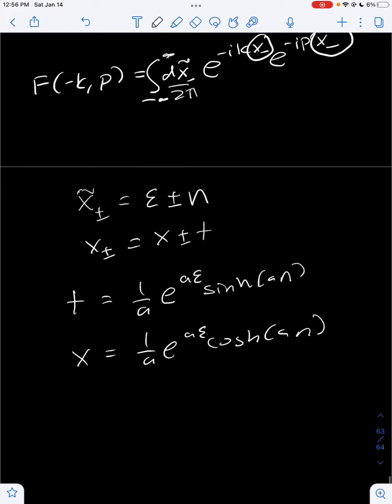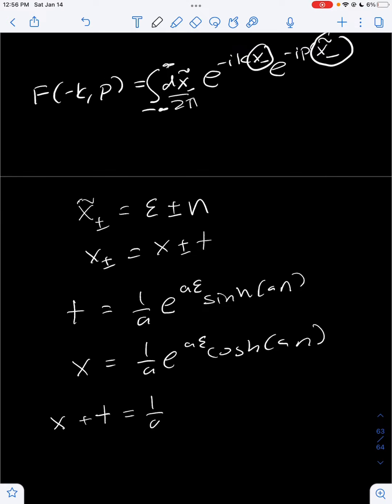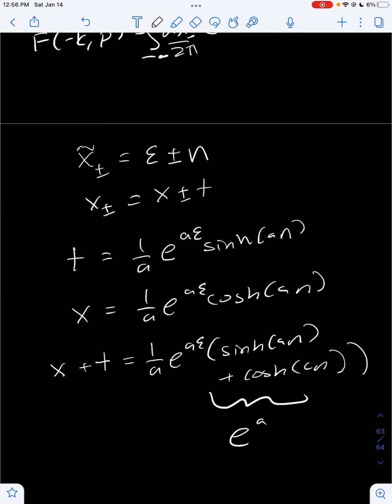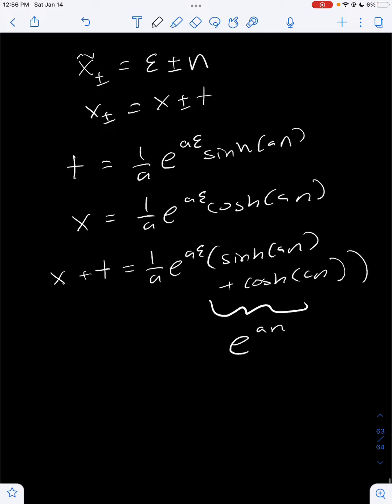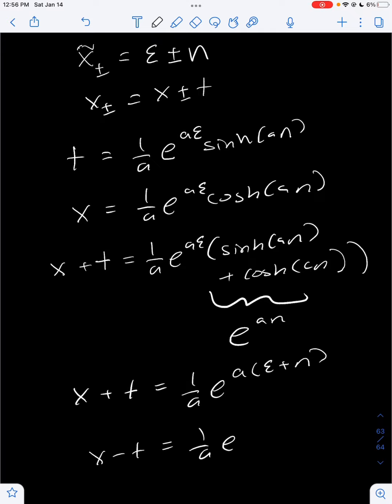So this means that x plus t is going to be equal to 1 over a e to the a epsilon, and then this plus this. And it turns out that this is actually going to be equal to e to the a n, due to how the hyperbolic functions work. Sinh plus hyperbolic cosine is going to be e to the a whatever is inside. So this means that x plus t equals 1 over a e to the a times epsilon plus n, and then analogously, x minus t is this.